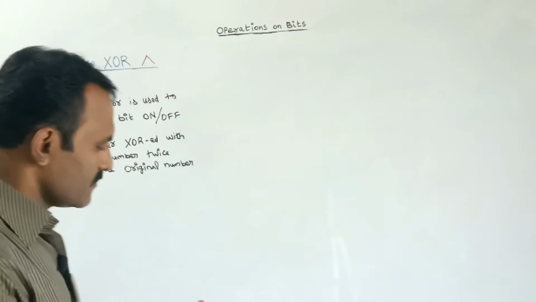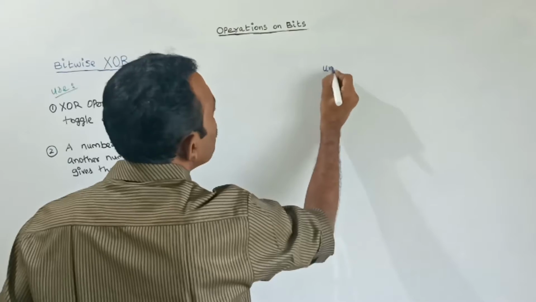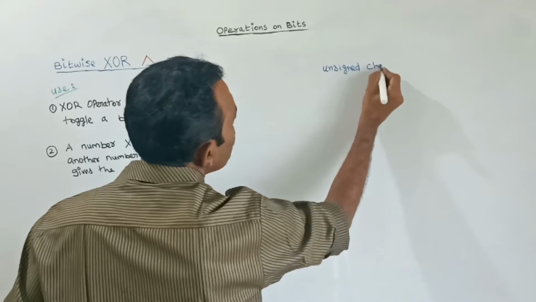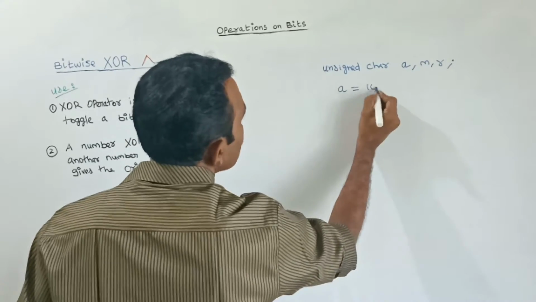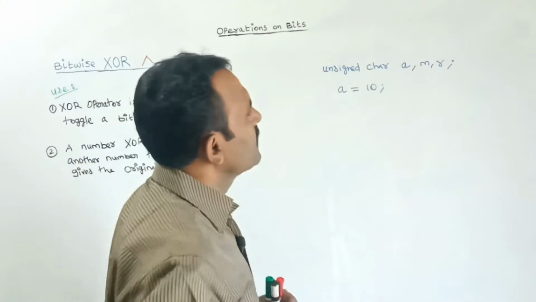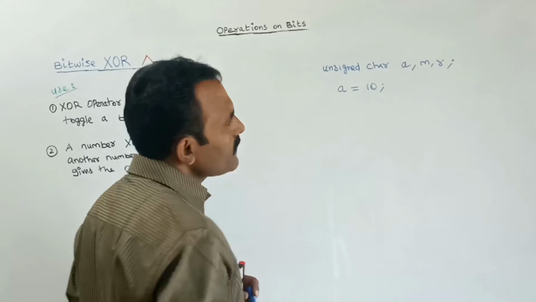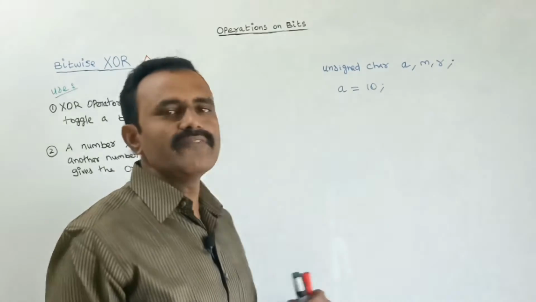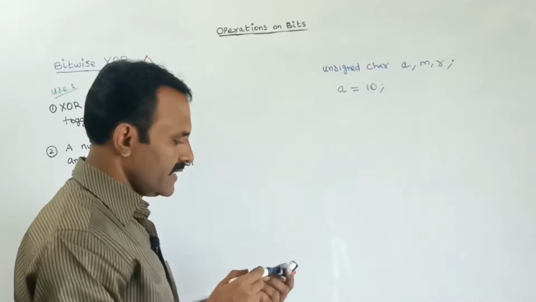See here, for example, three variables, variable names A, M and R. Here I have stored the value 10 in the variable A. What is the binary value of A?